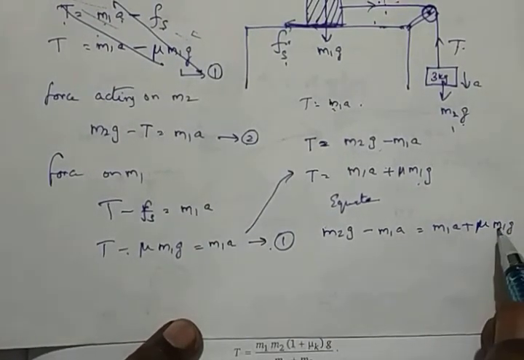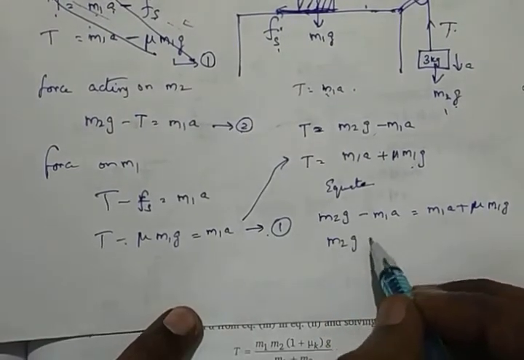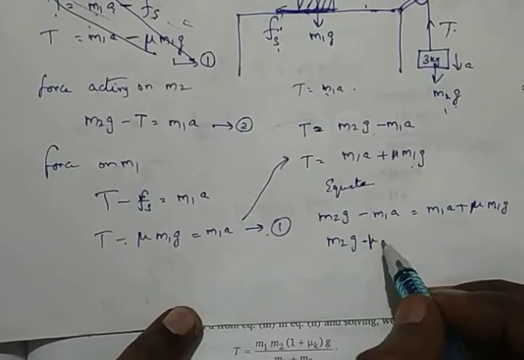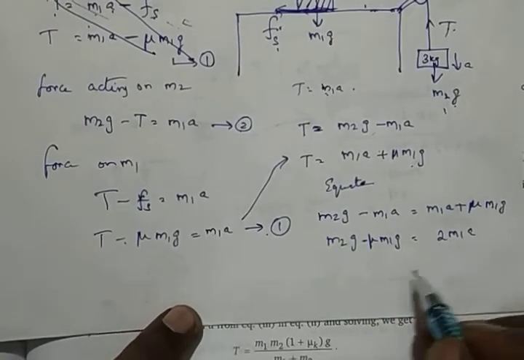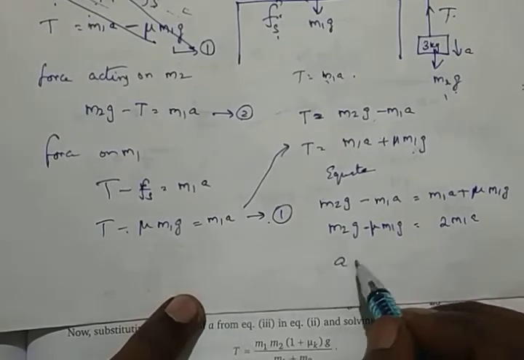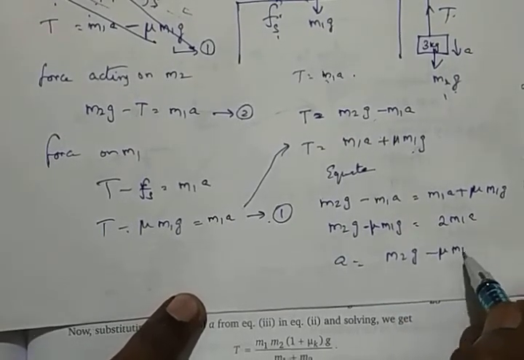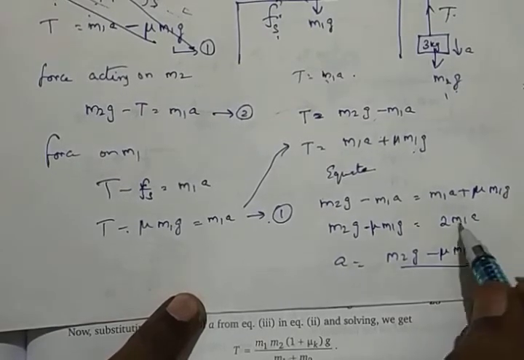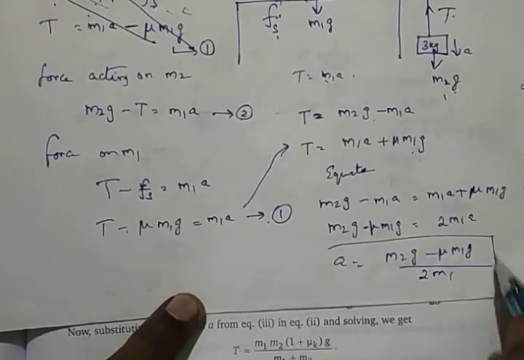This one can go that side and this one can come here. So m2g minus mu into m1g is equal to 2m1a. So what is the acceleration then? m2g minus mu into m1g upon this whole thing equals 2m1. This is the acceleration now.